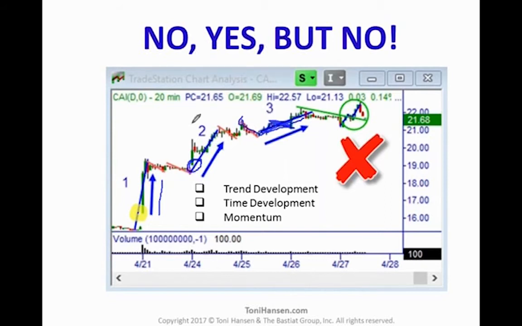Another thing that was happening on CAI at this time is, when we talked about impulse moves, CAI had an impulse move on the larger daily and weekly time frame, where this breakout from the gap had a move where by the time it got up here, it was already nearing that measured move.